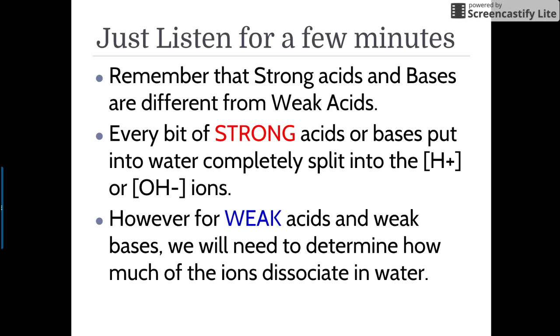While weak acids and bases don't completely split up in water. So when you put acetic acid in water, only some of it splits up. All of HCl splits up, only some of acetic acid splits up. So basically, a strong acid has a higher hydronium ion concentration, which is why you get a lower pH. In other words, it's more acidic.